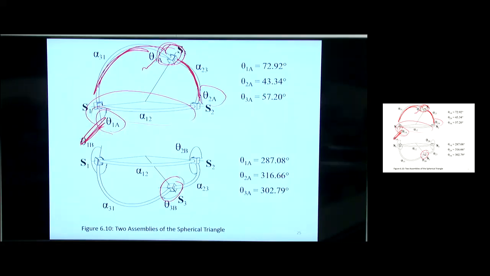So what it's telling me is I expect to go in the toolbox now and say for the A case where theta 3A is 57.2, I expect to get the sine and cosine of theta 1 for that A case. And I expect to find equations that'll give me the sine and cosine for theta 2 for the A case. Then I'm going to go down here and take the B case, the 302 number.